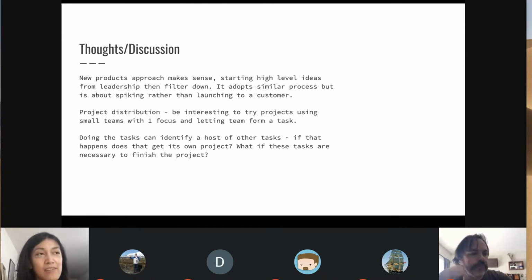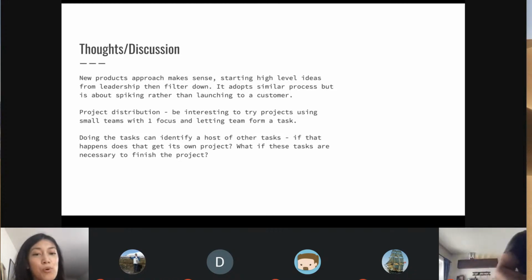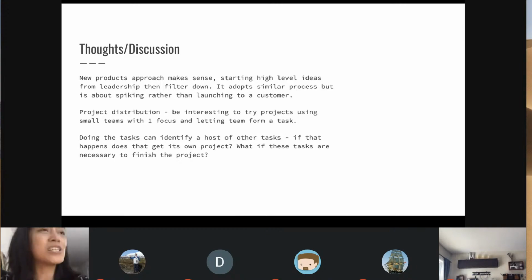If it doesn't have that much to do with the current bet, what if it does? What if it does need to happen in the current cycle, and it is necessary to finish the project? But there's only 6 weeks, so what do you do? I wonder what they do in those cases. So I guess that's a question for the author.